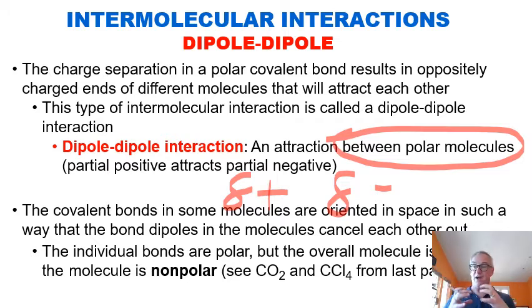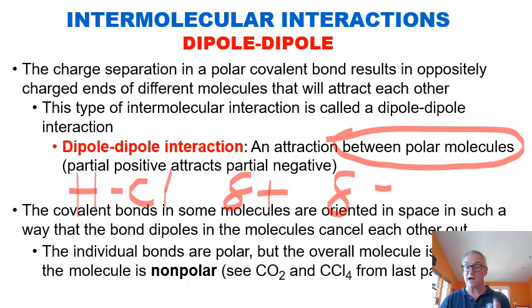Another carbon dioxide also has slightly negative oxygens on the outside. So there's no difference between the distribution of electrons on either one, and so they don't really interact. But if you have something that does have a big difference, let's say, hydrogen chloride.